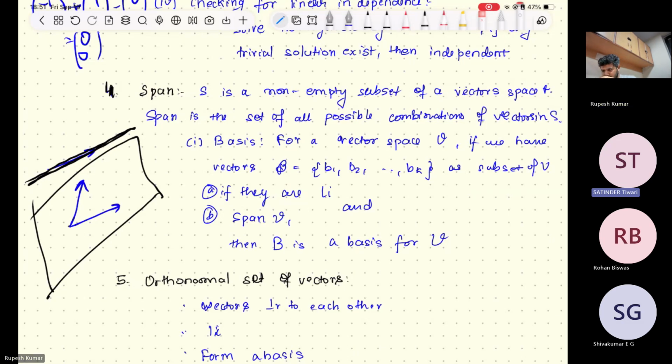Because with the linear combination of these vectors we are going to reach any vector outside of this subspace. How can you reach that? Only the span is there, no? I think by the linear combination of these subsets, we are able to reach any vector in the vector space, not in the span itself.